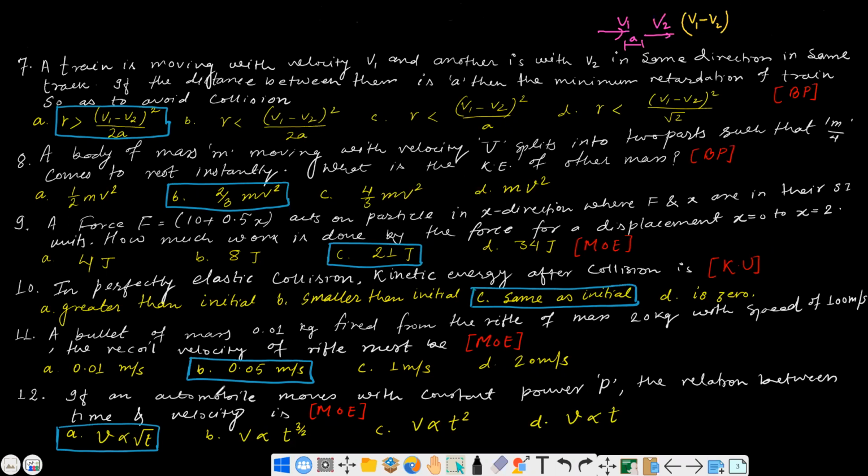Okay, if an automobile moves with the constant power, be careful, this is constant power. Okay, constant power, and the relation between the time and velocity, a different question.